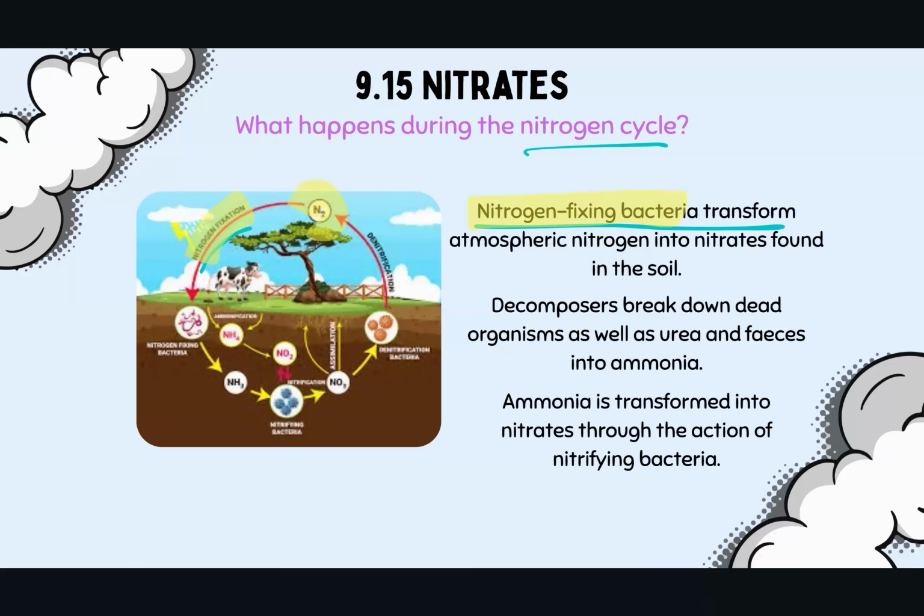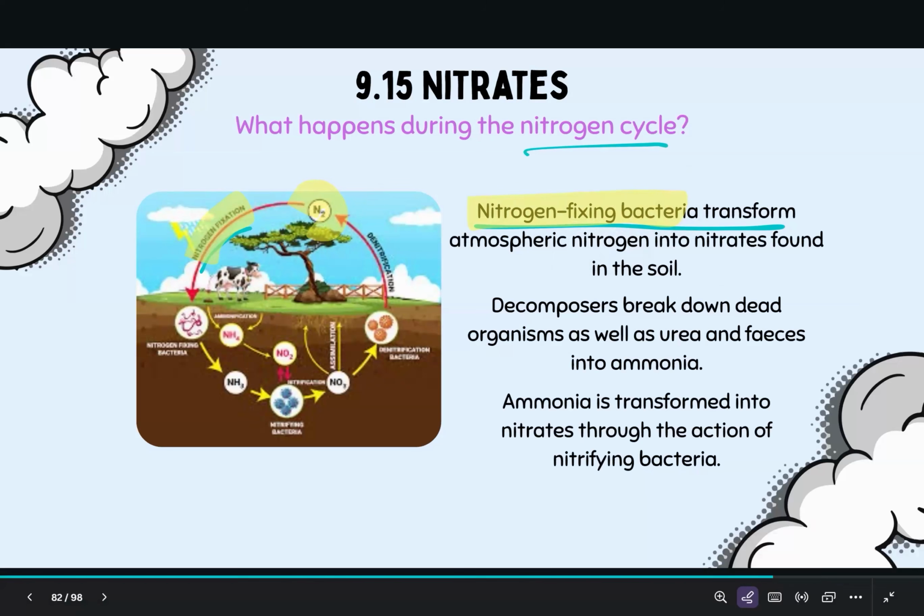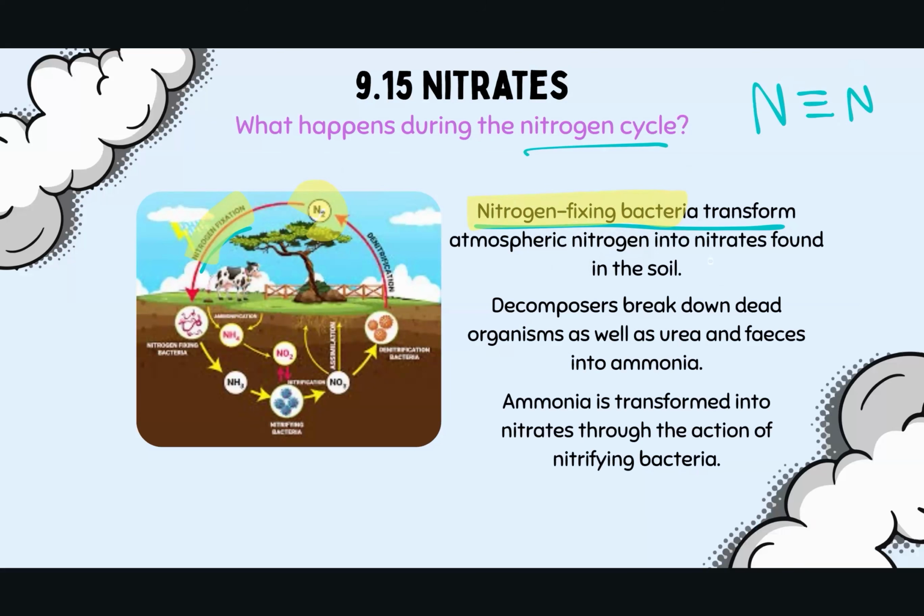And remember, between the 2 nitrogens, what do we have? We have a triple bond. So it transforms atmospheric nitrogen into nitrates found in the soil. So that's one way of taking nitrogen out of the air and into the soil.